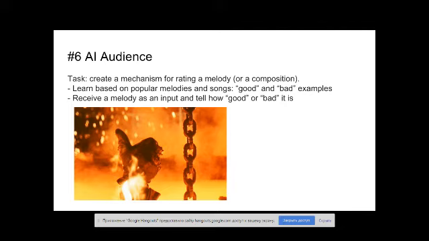So if it was possible to somehow reflect this with some mechanism that could rate your work, that would be great. So if I play my music to an artificial audience, and it would say, okay, this sounds good, and if I play something else, they say, okay, this sounds better. That would be nice.